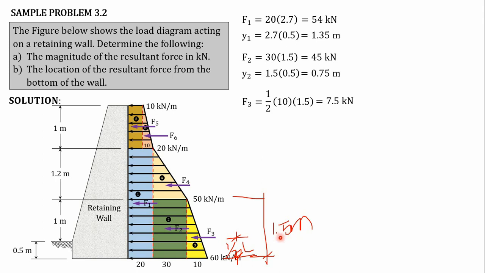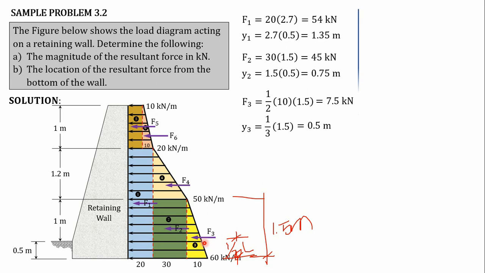Nagets niyo ba? So that's why, class, yung y sub 3 natin is 1/3 times 1.5. Kasi nandito yung dito tayo nag-reference, class. Kapag dito, that is 2/3 times 1.5. Pero kung dito tayo mag-reference, that is 1/3 of the height. So, that is equivalent to 0.5 meter.